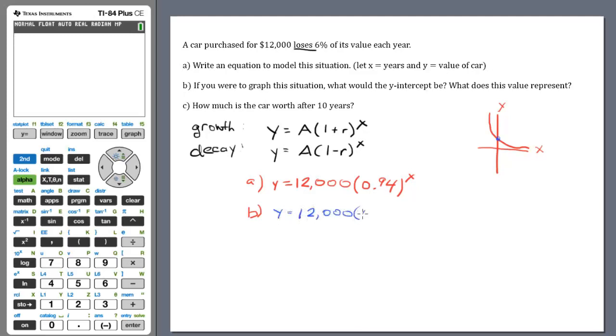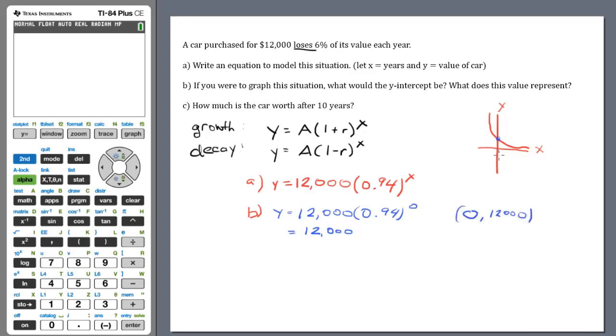Because no matter what our base is, any number, except for 0, any number to the power of 0 is 1. So it's really just 12,000 times 1, which is 12,000. So the y-intercept is going to be the point 0, 12,000.